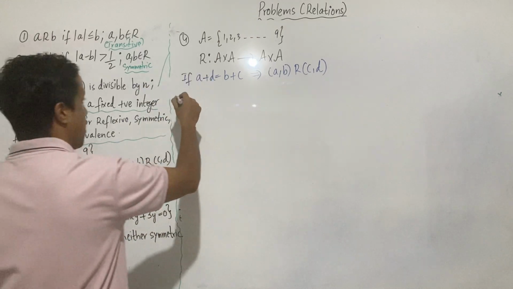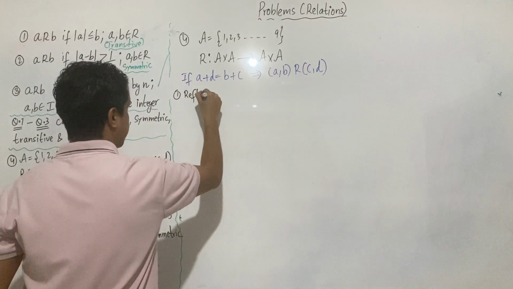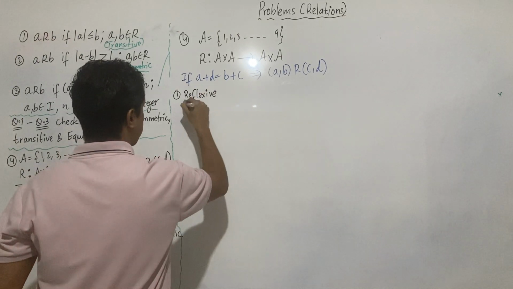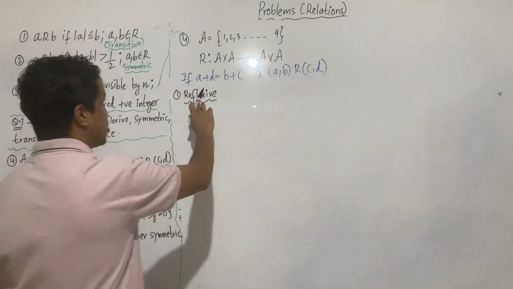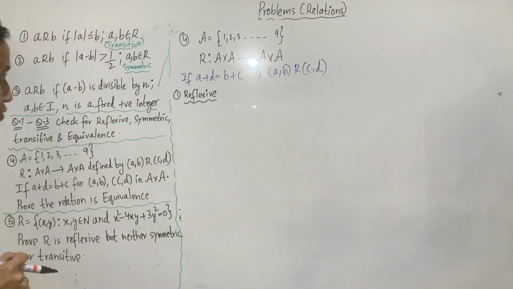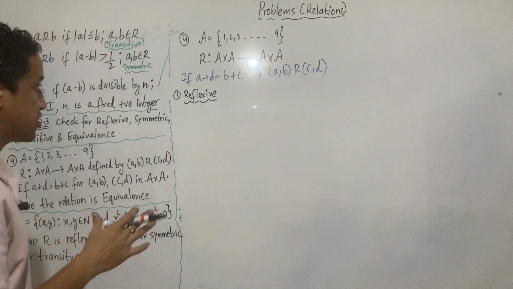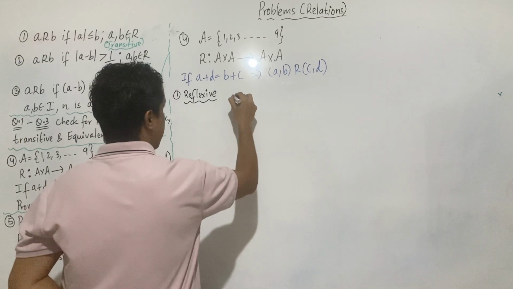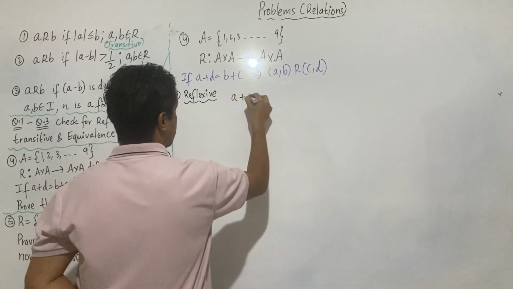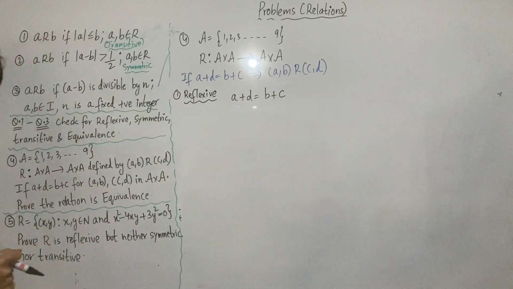First one is, let's check if it is reflexive. For this thing to be reflexive, I know that the given condition here is A plus D equal to B plus C, right?